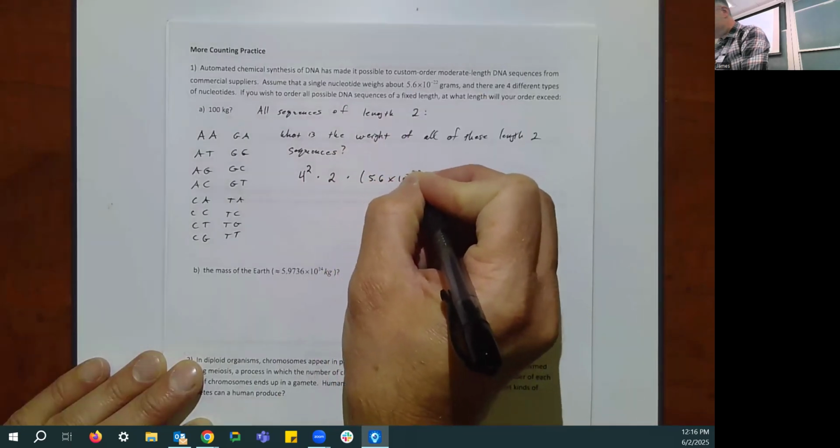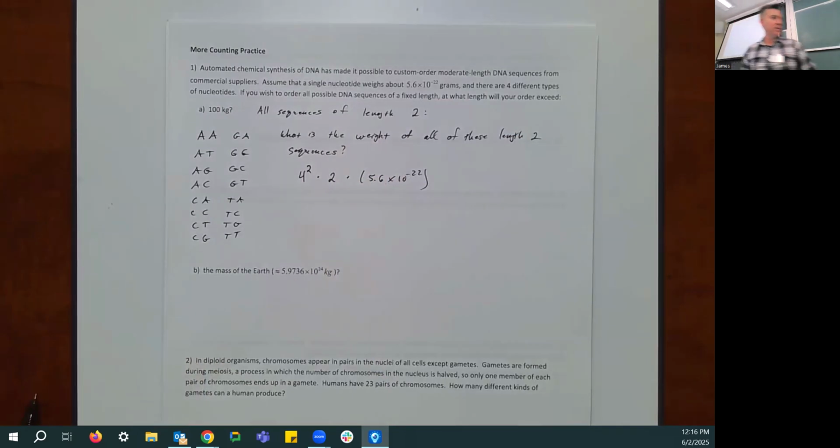So my answer here would be 4 squared times 2 times the weight, which is 5.6 times 10 to the negative 22nd. I don't really care what that is, but I guess I kind of care. So let's use the calculator real quick. 5.6 times 10 to the negative 22nd. We get 16 times 2, which is 32, times 5.6.